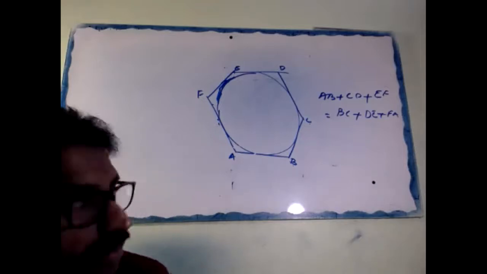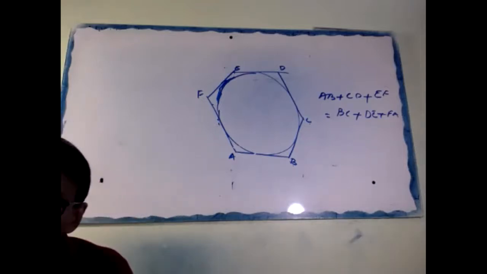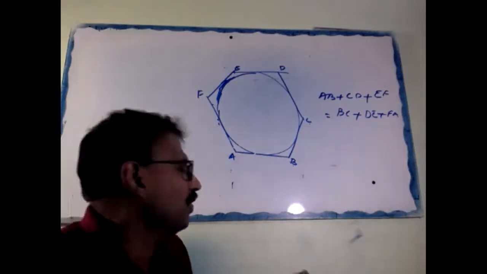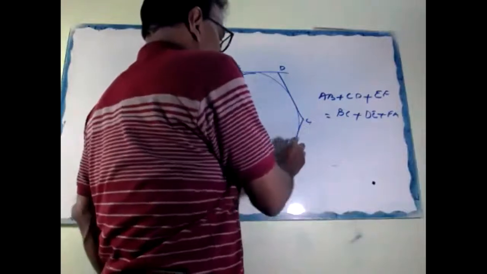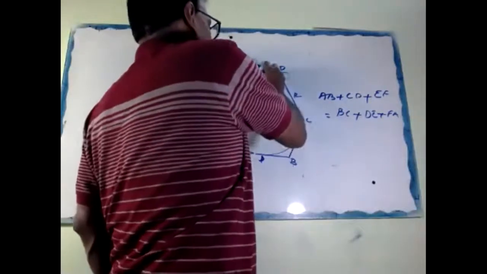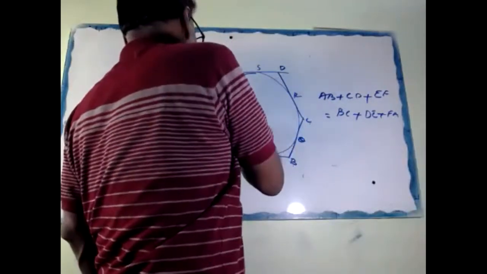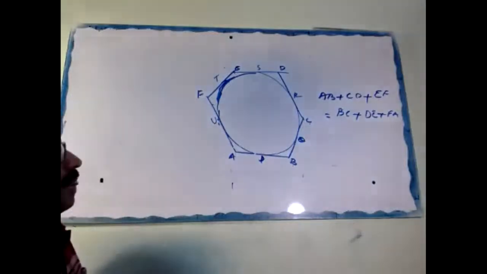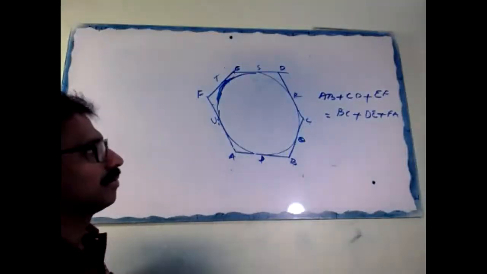Okay, finish. If you want, you can write here P, Q, R, S, T, U. Then, correct or no?